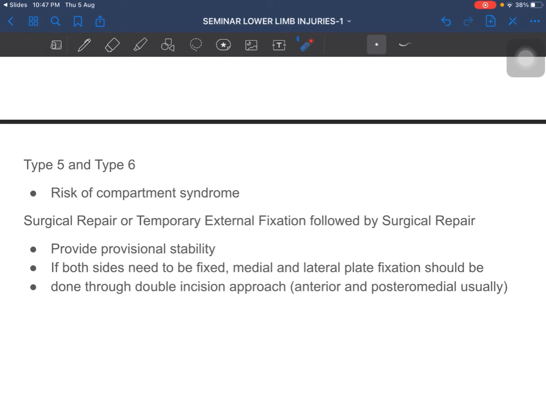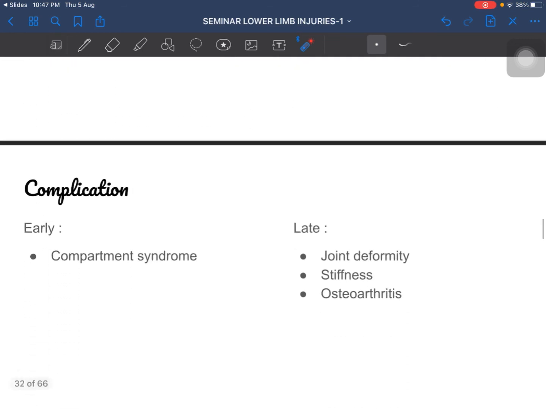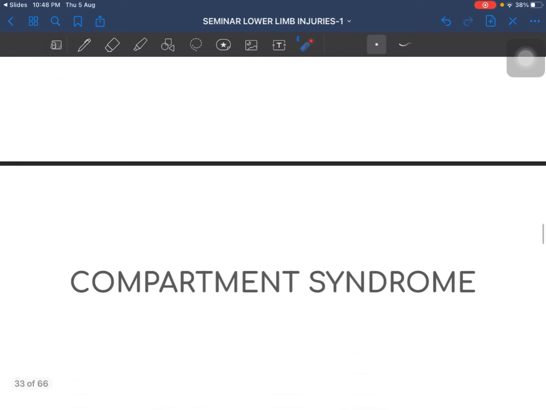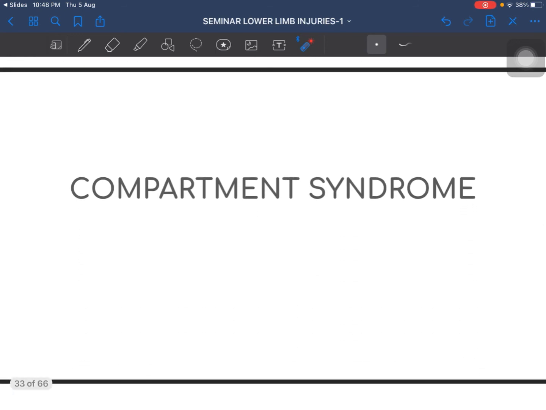If both sides need to be fixed, the medial and lateral plate fixation should be done through the double incision approach, usually in anterior or posterior medial incision. So the complication of the surgery, the earliest complication is compartment syndrome, and the late are joint deformity, stiffness, and osteoarthritis. What compartment syndrome is will be explained later.